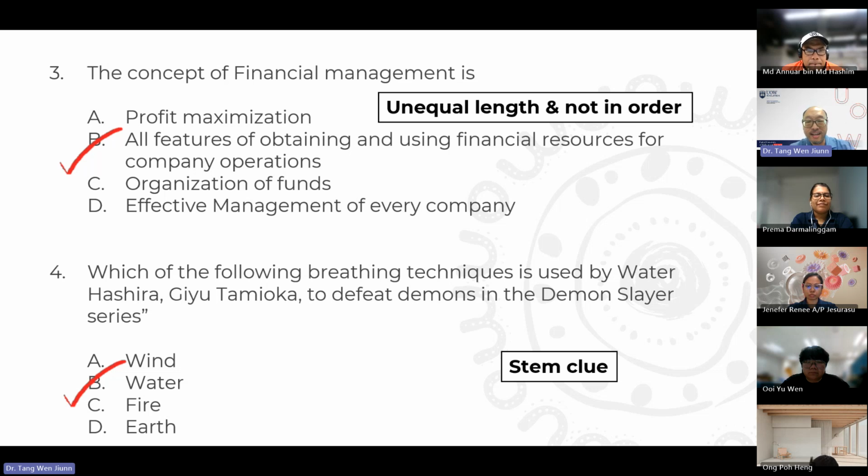So these are four common poor designs that we might see in our MCQ questions. If you have MCQ questions, go back and have another look to see whether you need to improve them or not.